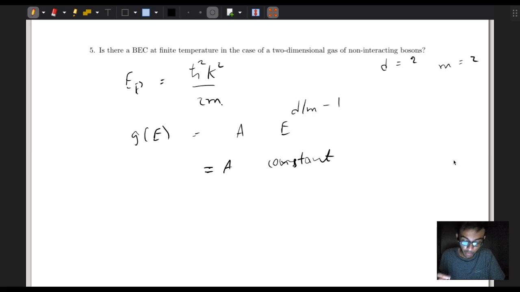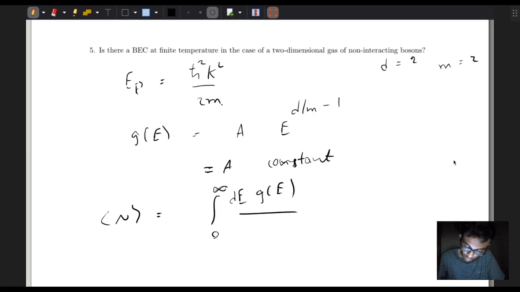So let's start with the particle number equation. It tells us that the average number of particles should be equal to what we want.